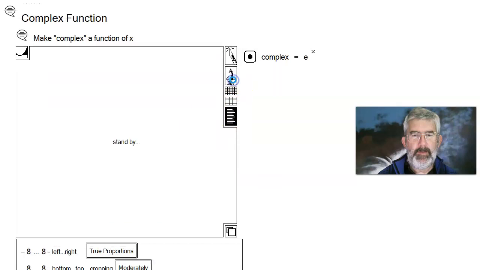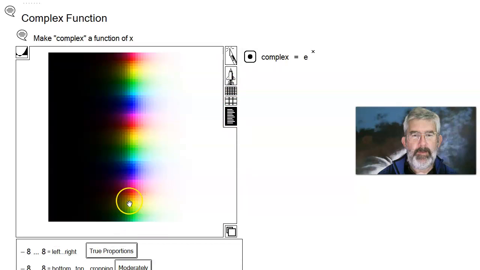But in the imaginary direction, what's happening is I see that color wheel just repeating itself as I go. But that makes some sense to me, because if you think of what e to the i theta means, it means cos theta plus i sine theta. And so even though the theta is increasing and changing, you're still staying on the unit circle. So the output of e to the x, when x is an imaginary number, is going to be some point on the unit circle. And it just repeats itself again and again and again, kind of like sine and cosine do.